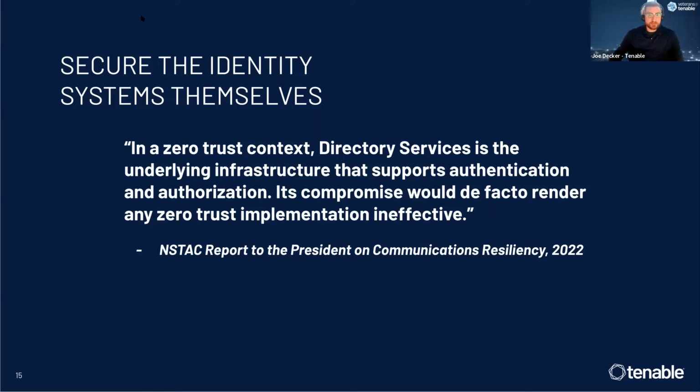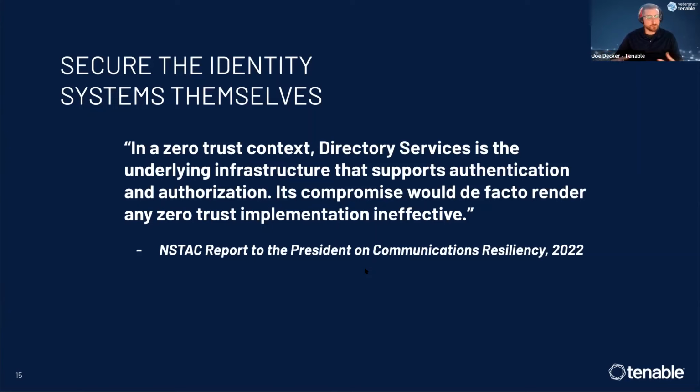Thank you, Seth. So identity systems, right? You're looking at things like directory services and identity access management. And as the quote says, right, these are the infrastructure. This supports your authentication and authorization. These are the keys to the kingdom. And in Zero Trust, if the keys to your kingdom are given up, it really makes any Zero Trust implementation ineffective, right?